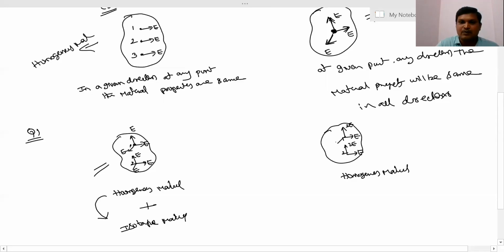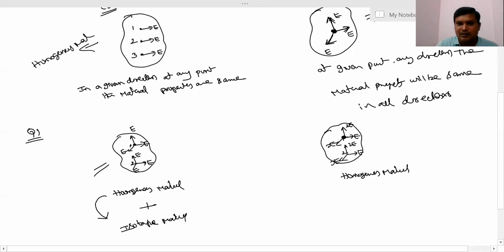And at point 1 in the z direction this is 3, and at point 2 also in the z direction it is 3. So it is still homogeneous, but this is not isotropic, because isotropic tells that at a given point the material property is the same in all directions. But at point 1 the material property in the x direction is E, in the y direction is 2E, and in the z direction is 3. This means this is non-isotropic.